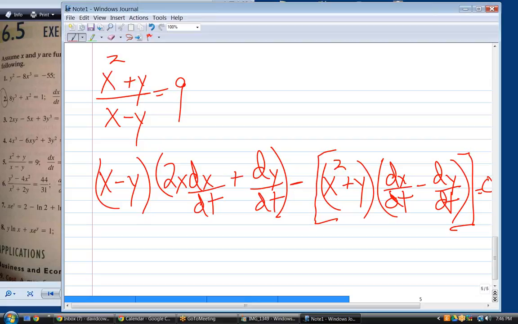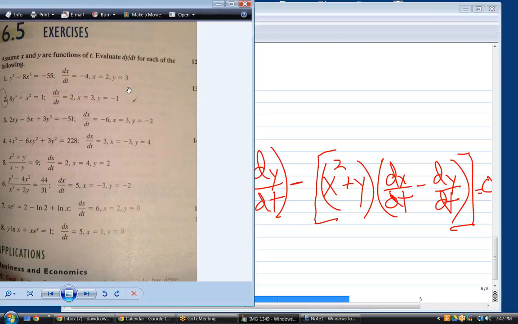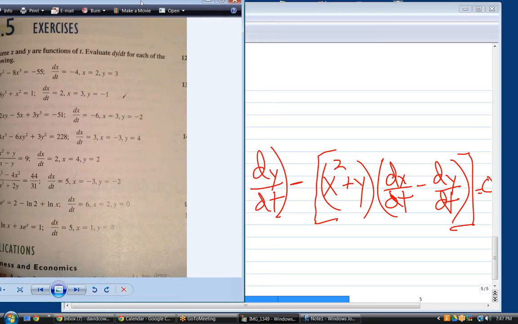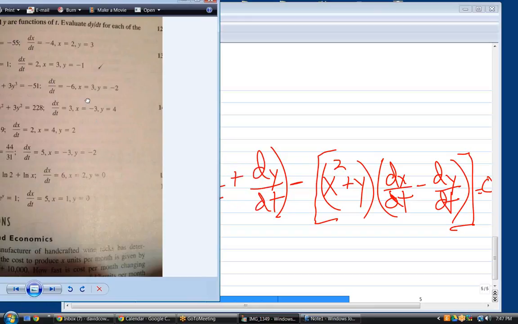To solve for dy dt, we could multiply that binomial by that binomial, and we'd have a couple of dy dt's. That gets pretty complicated and tough. Why don't we make it simple by plugging in now, and then it's going to be easier to solve everything. So this is 5.